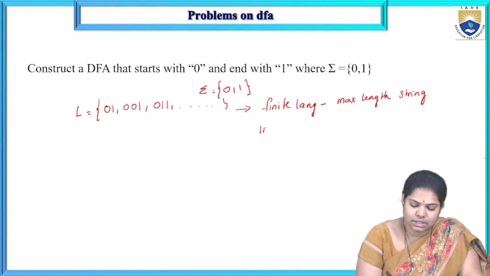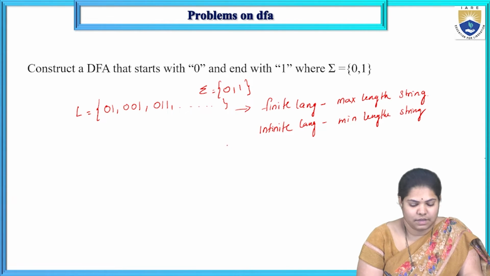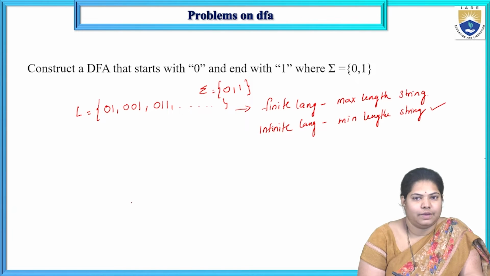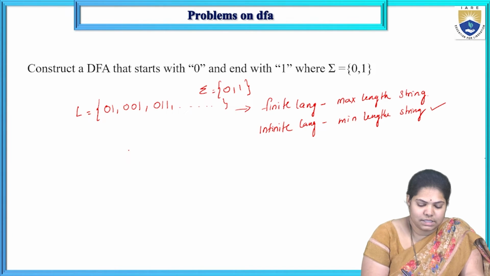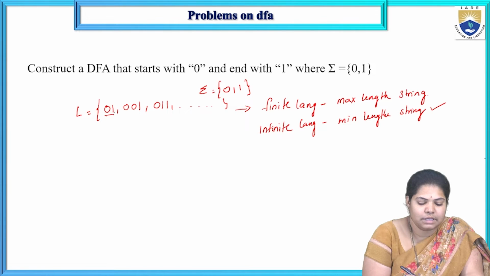If the language is an infinite language, we should take the minimum length string to construct the DFA. This language is an infinite language, so that is the reason why I am taking the minimum length string. What is the minimum length string here?